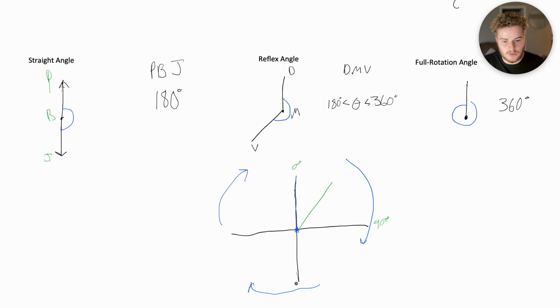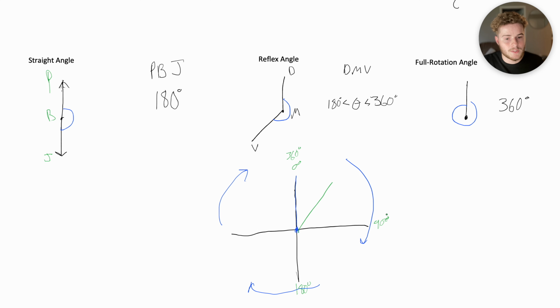And then between 90 degrees and 180 degrees, that is where we fall in the obtuse range. And then 180 exactly is a straight angle. And between 180 and 360, which you can also basically call 0 degrees, is the reflex angle. And then as soon as we have 360 degrees all the way around, we have a full rotation angle.